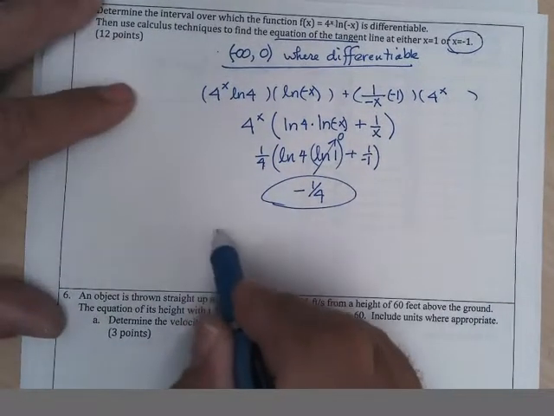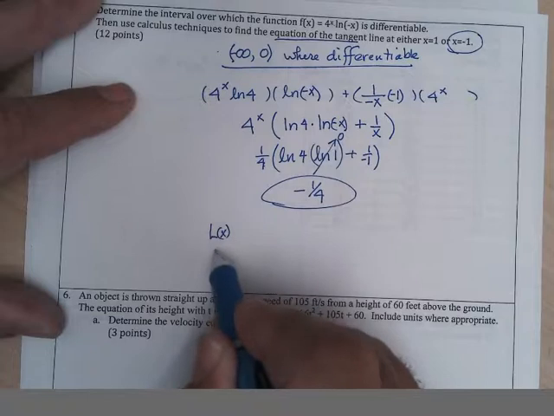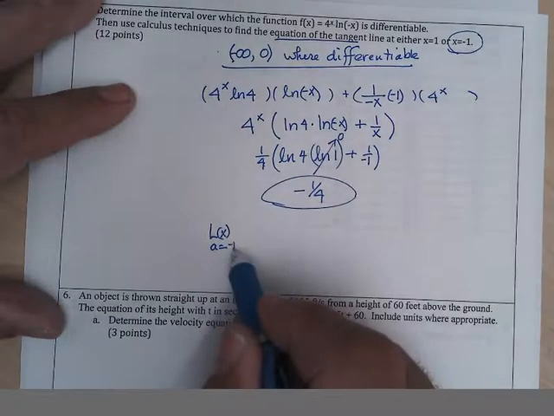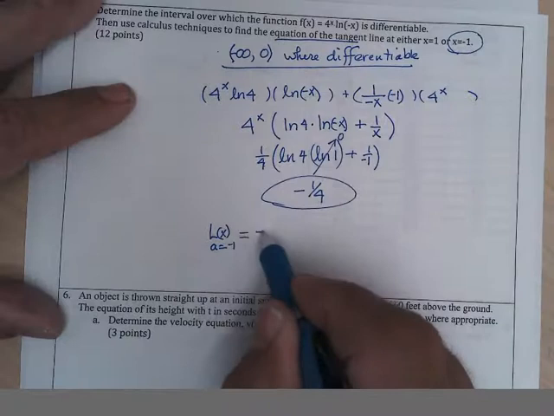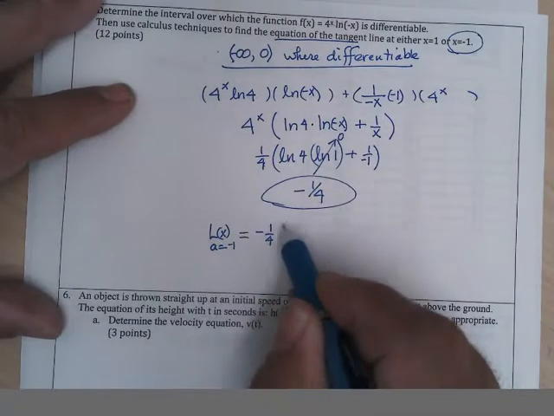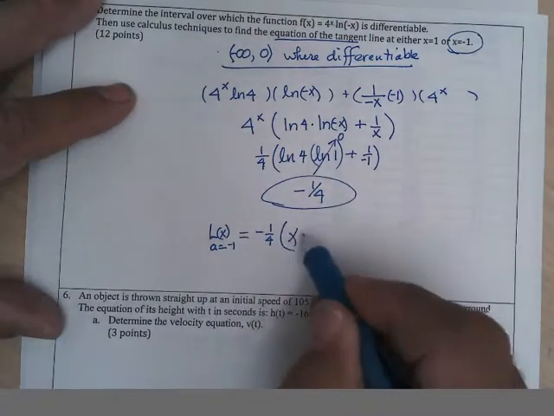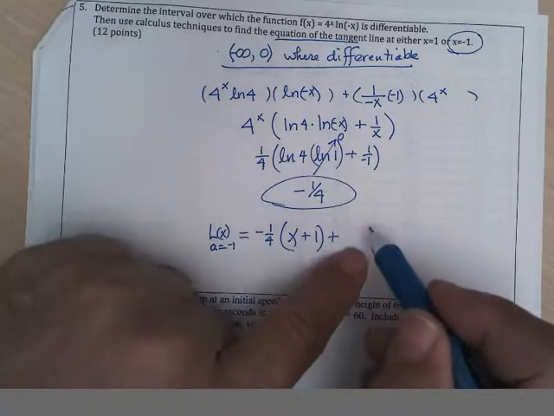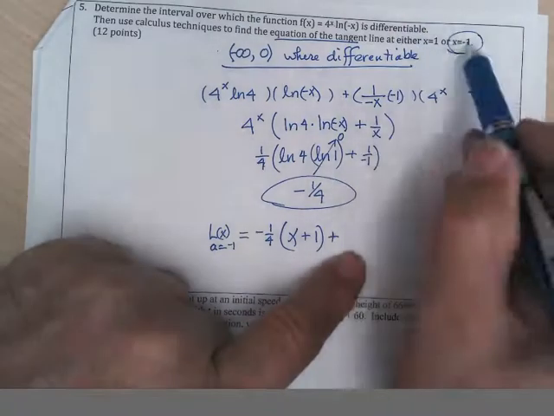And so the equation of the tangent line at a equal negative 1 is going to be the slope times x minus a, minus 1, plus, now we need to know f at minus 1.